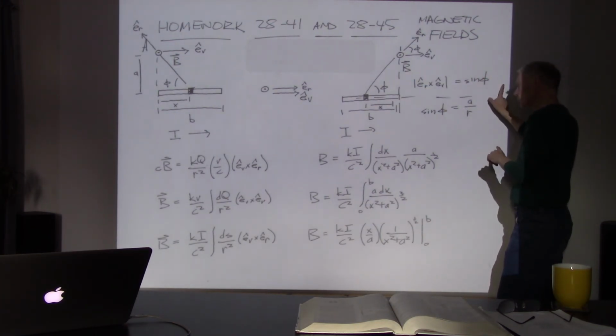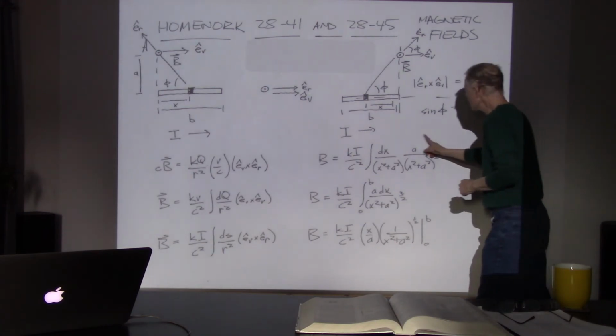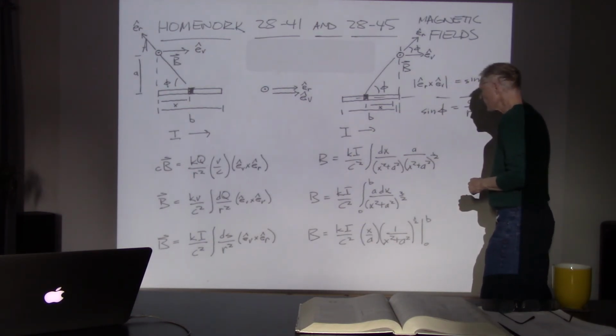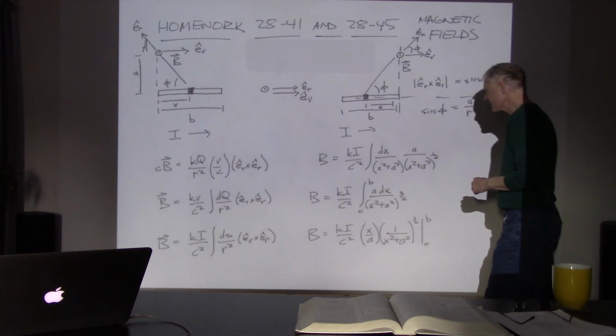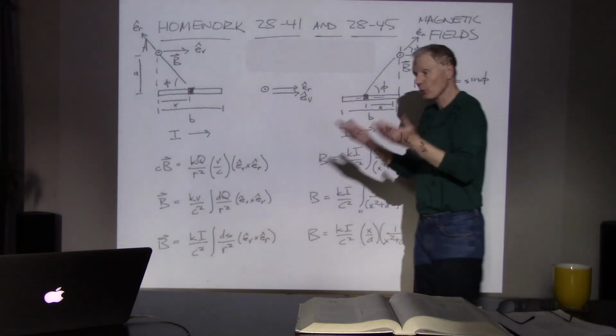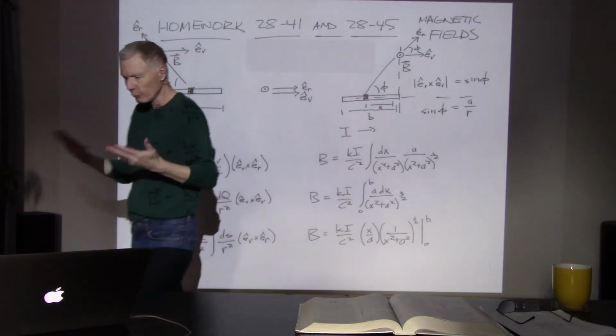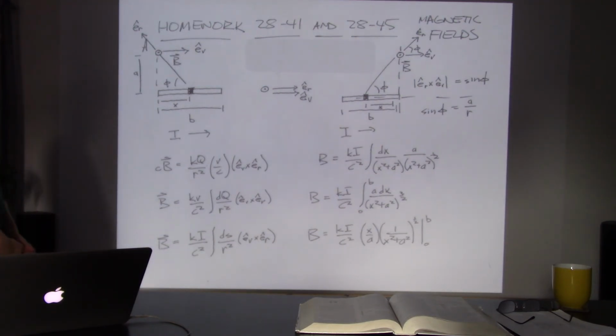That's a different source of the sine factor than we saw in that earlier problem. So the sine factor is right there, and then it turns into another one of these integrations. This one wasn't quite as difficult in setting up, but that is the integration we have for this.